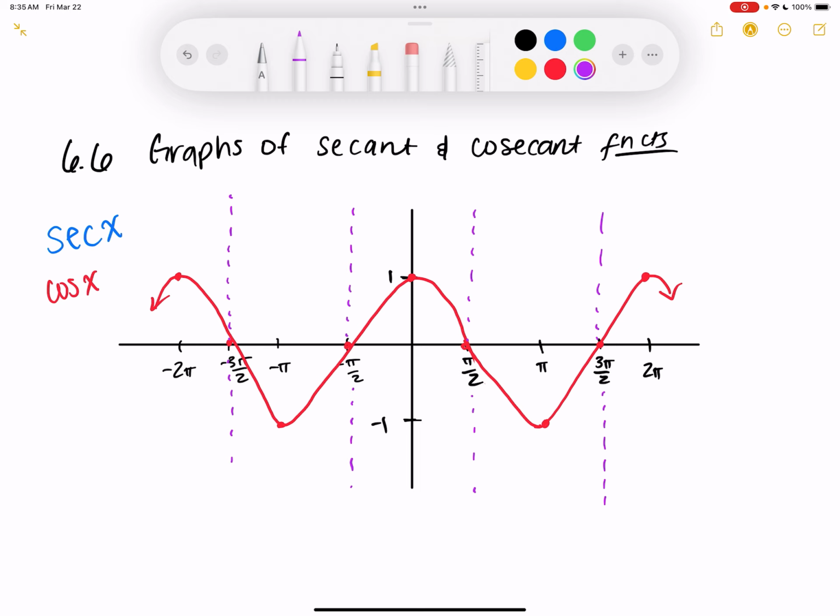So now, this graph, so I'll do it in blue to match secant there, is a U, with the bottom of the U on these points. So like this first one is a U. It goes like this. It doesn't cross the vertical asymptotes. It just goes up like that.